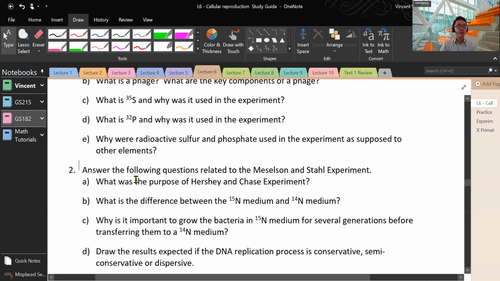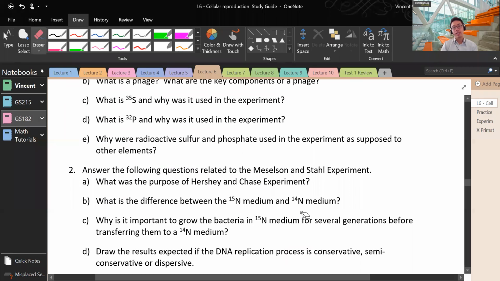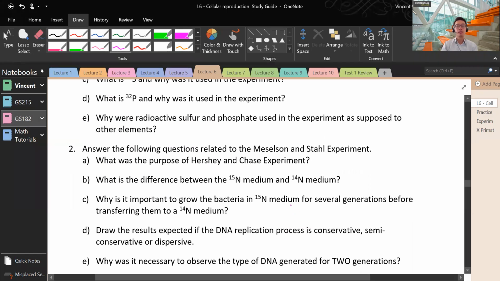What is the difference between the N15 medium and the N14 medium? Okay. So nitrogen is a key component in DNA, right? Because of the nitrogenous base. So N15 and N14 are basically two isotopes of nitrogen.